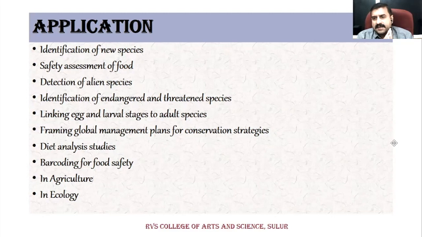The first thing, as we mentioned, is the identification of new species. In morphological identification, you can't come to a conclusion just because of a color variation in the leaf, the hairy growth on the stem, or a color variation in the flower, because we don't know whether such variations are stable or epigenetic.